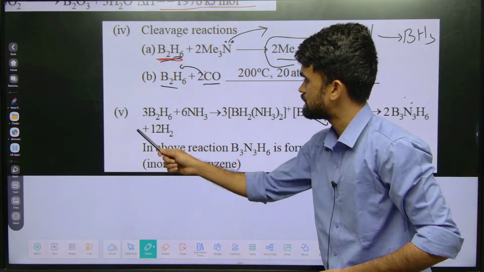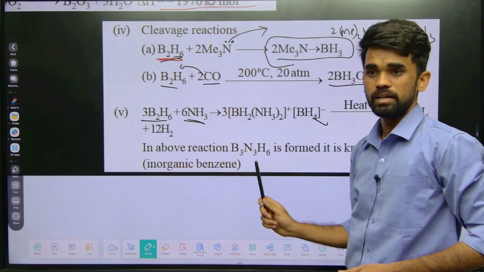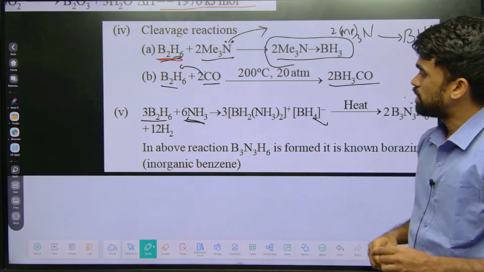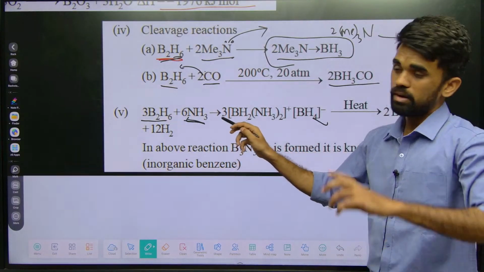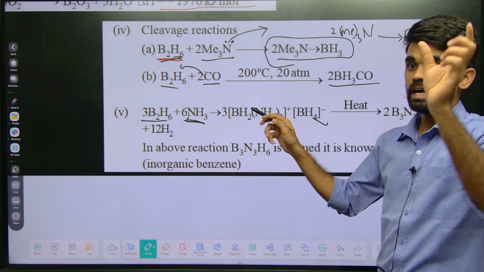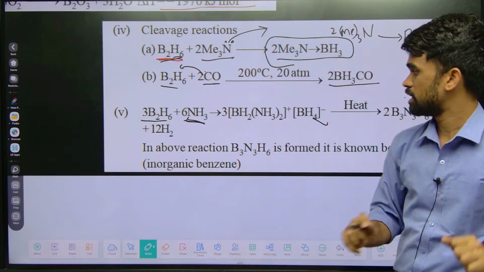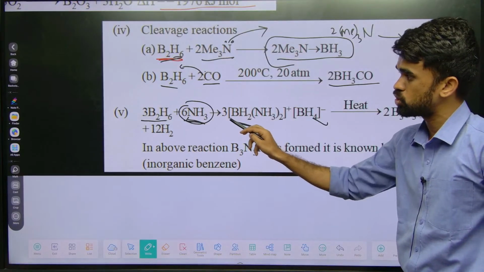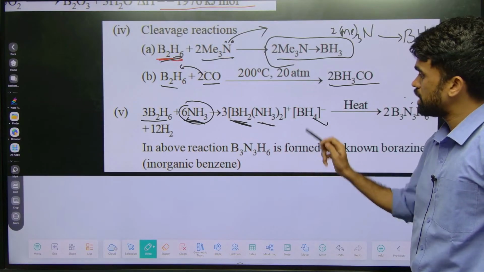Diborane, B2H6, with ammonia here. The previous one was trimethylamine, this is ammonia. In the previous case I told you it forms a BH3 unit and an NH3 unit. Here, when we take it like this, it forms BH2 and NH3 twice.